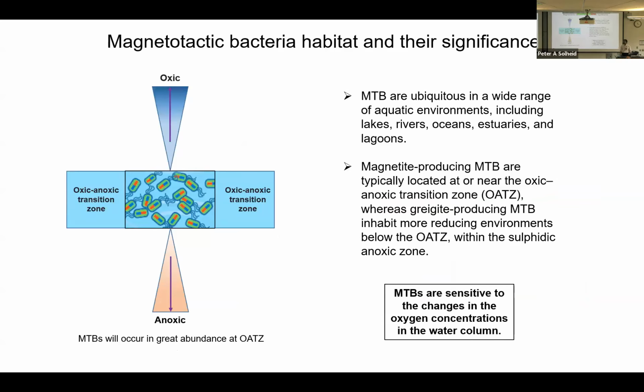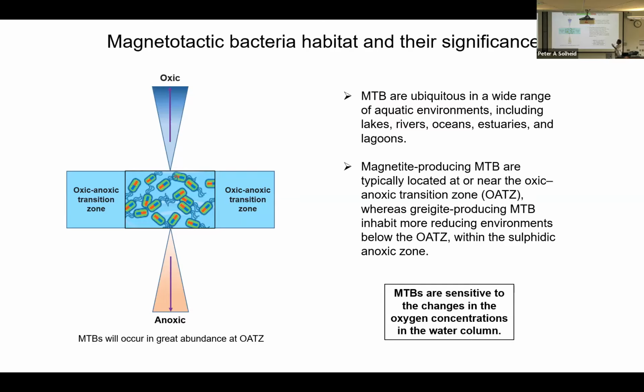So where do these MTBs live? What is their habitat? They usually prefer to live in a zone called the oxic-anoxic transition zone. Why? Because at this particular zone they can optimally draw maximum nutrients for growth, and you will find MTBs in great abundance at these zones.